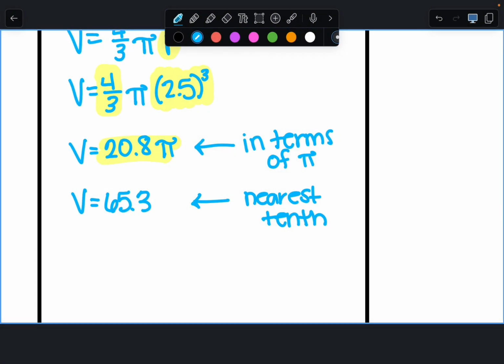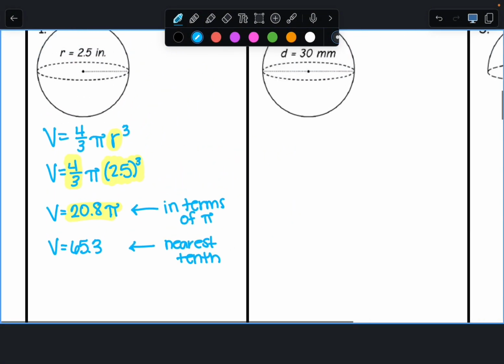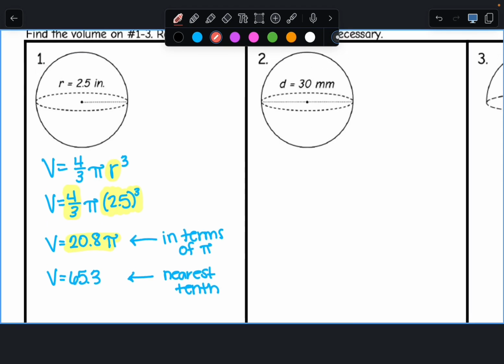Okay, let's do number 2. But number 2, they don't give us the radius, they give us what? So make sure you change it to radius. What is the radius? 15. Okay, so the first thing we do is we write our formula.